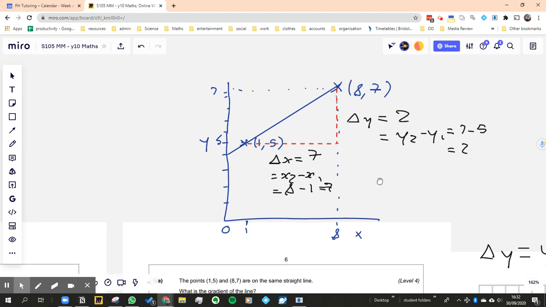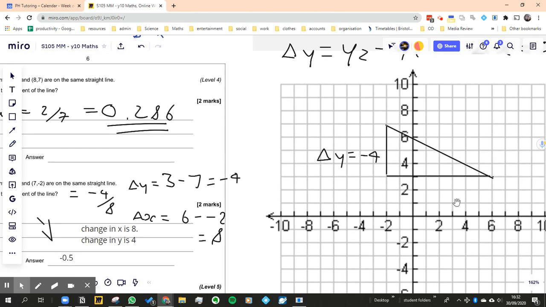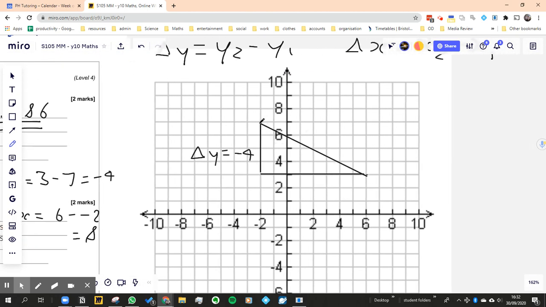Then over here, there's the first point, there's the second point, and it went from 7 to 3, but it's going down, so we go -4, and then from -2 to 6. So that goes all the way across. That's just 8.